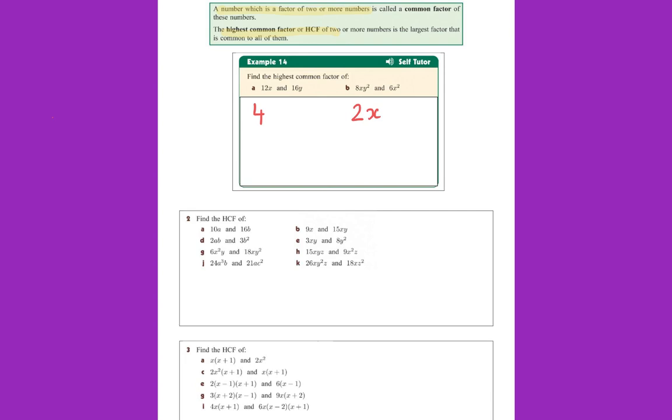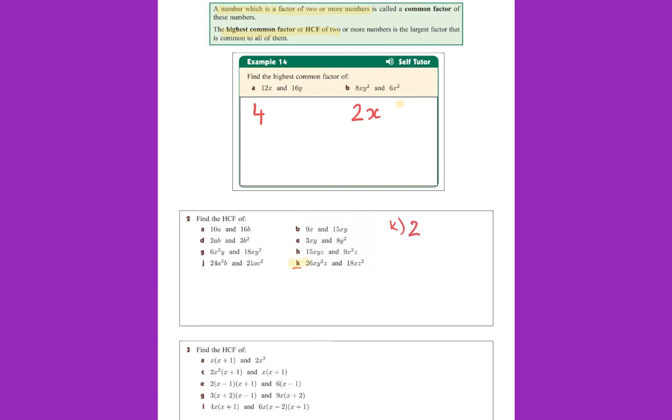Let's have a look at this next example. 8xy squared and 6x squared. Well, the common number is 2 and the common letter is x. Okay, I'm going to do one more, which is k down here.